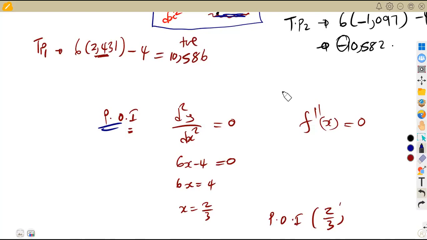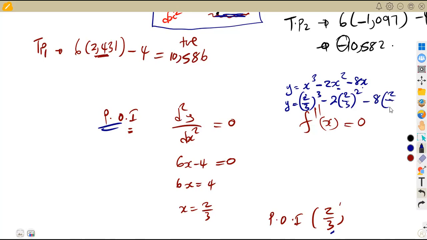Remember, y was given as x cubed minus 2x squared minus 8x. So y is equal to 2 over 3 to the exponent of 3, minus 2 into 2 over 3 to the exponent of 2, minus 8 into 2 over 3.